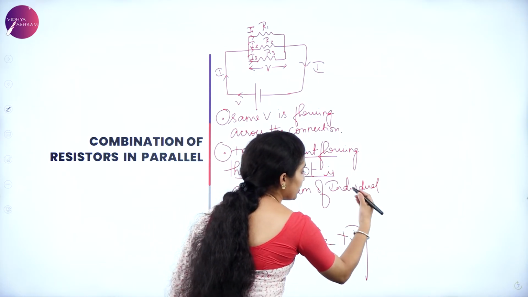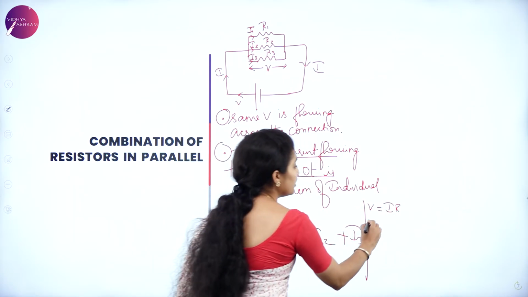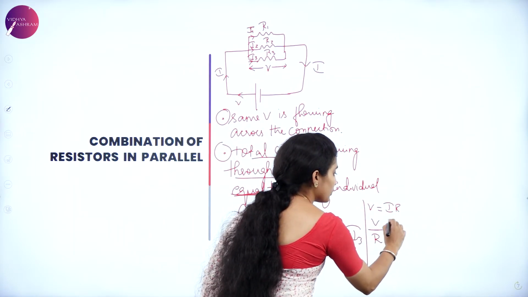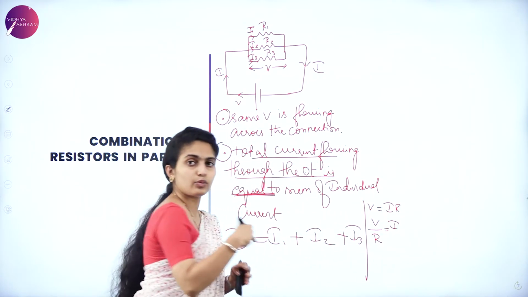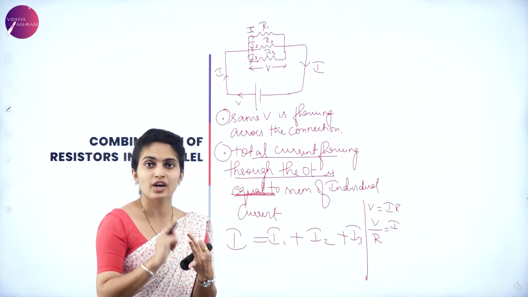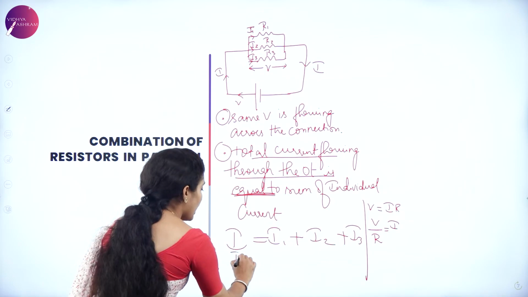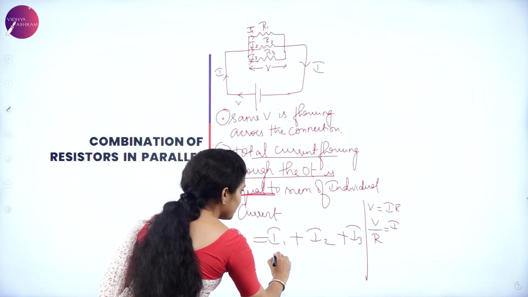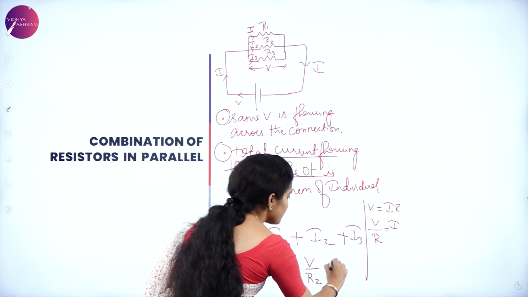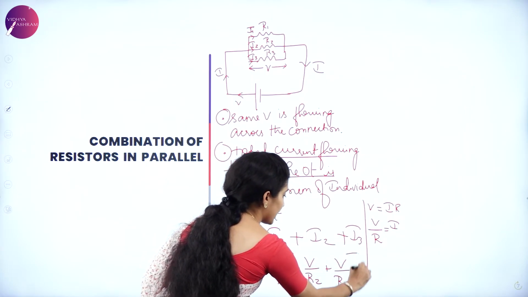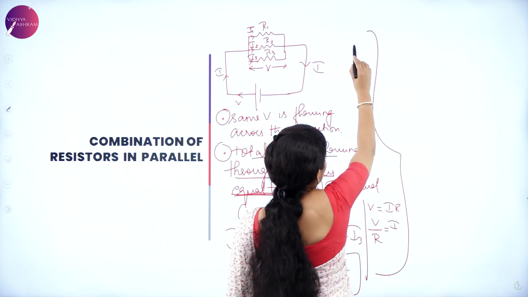We know that according to Ohm's law, V is equal to I into R. So V divided by R is equal to I. Since V is a constant term and R is the one which is varying because we have R1, R2, R3, but V is just V itself. So I is equal to I1, which can be written as V divided by R1, plus V divided by R2, plus V divided by R3. So this can be rewritten on equating.